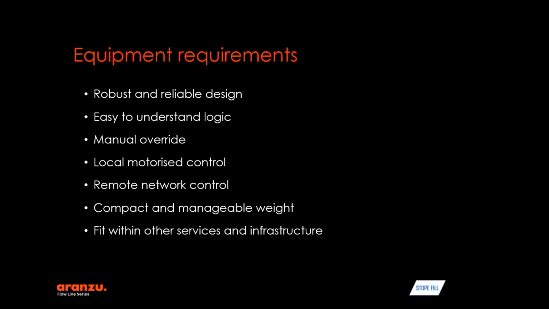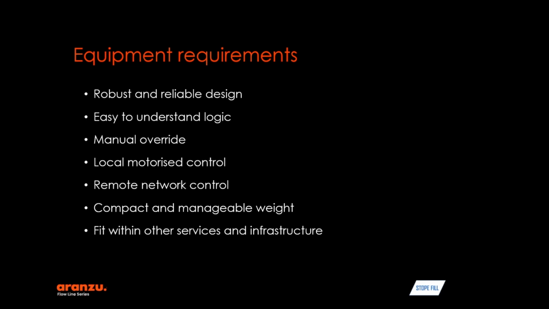So during the equipment selection process, some of the equipment requirements are that it needs to be robust and reliable, easy to use, and the operating method simple to understand. They need to have a manual override to actuate the device.